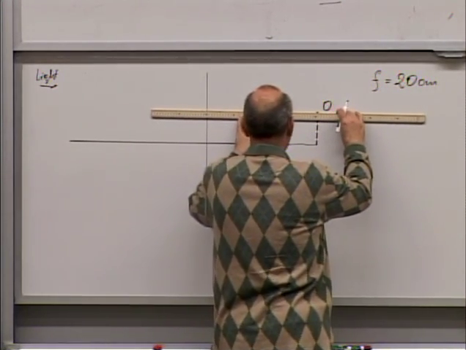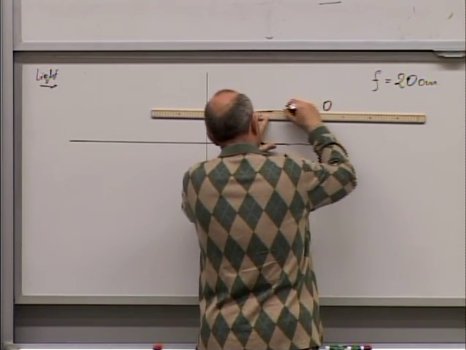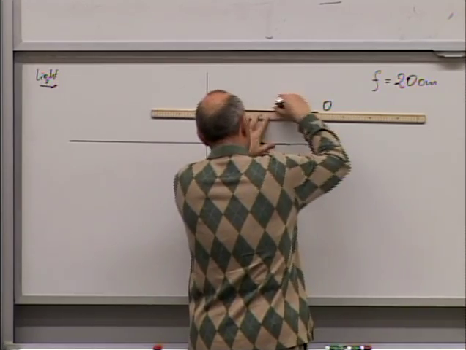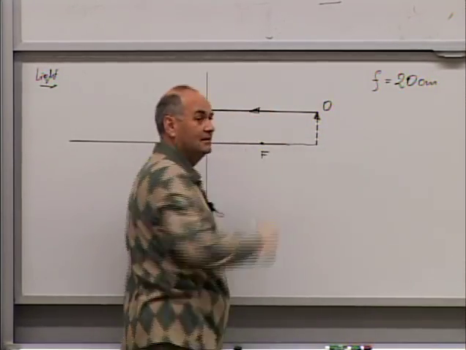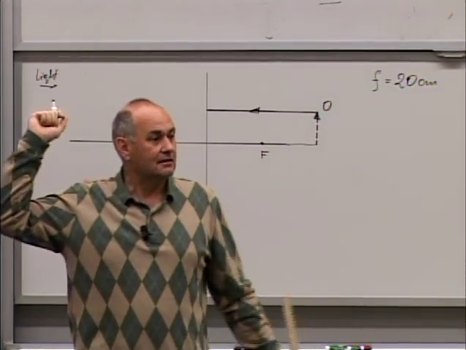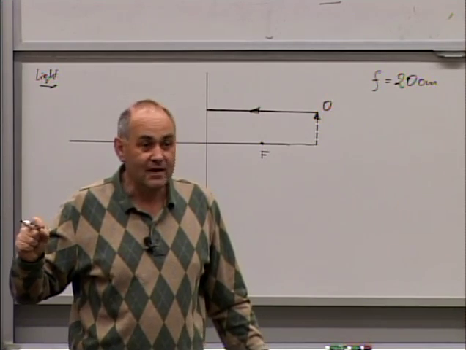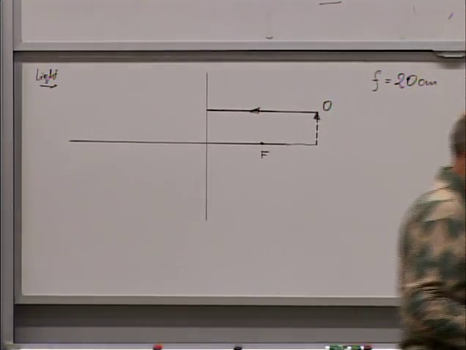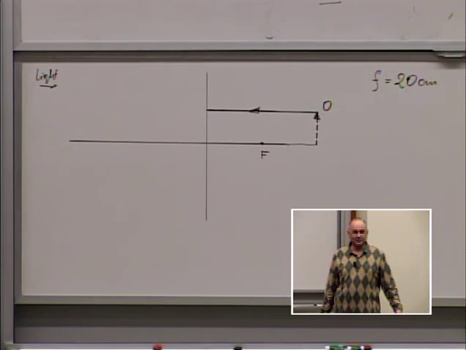How about if I use this black one? So I'll mark here the object ray. Who buys it? Is it correct? No, it's wrong.